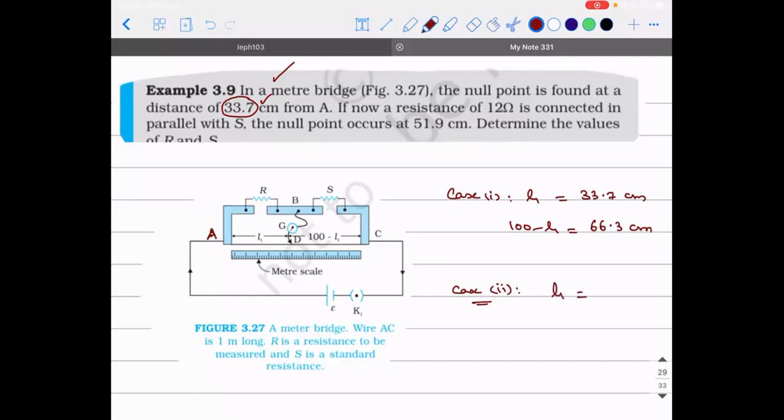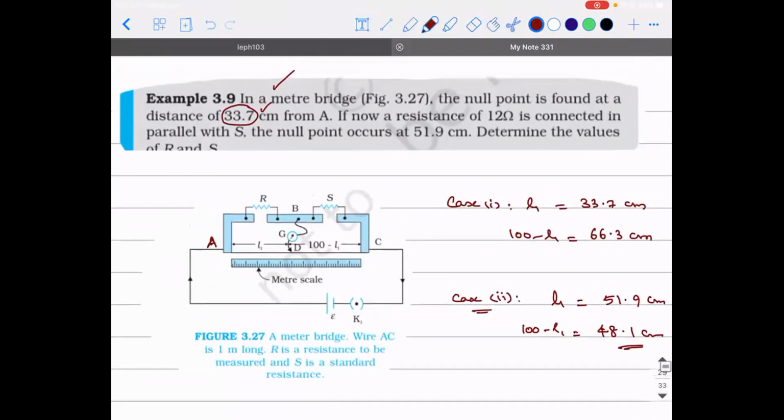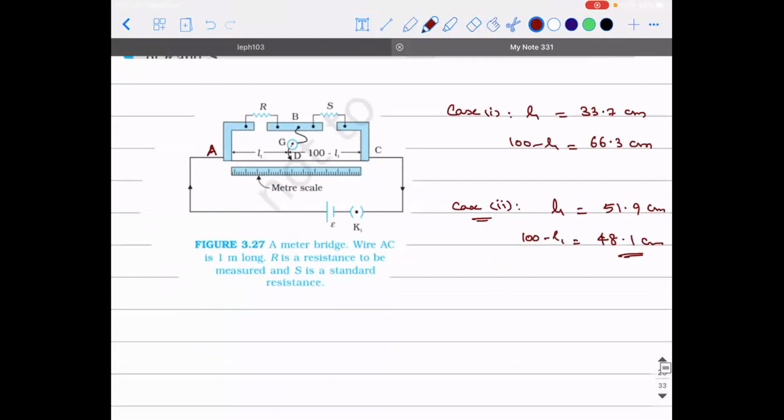So in case 2, L1 is equal to 51.9 centimeter and 100 minus L1 is 48.1, so 48. So determine the values of R and S.